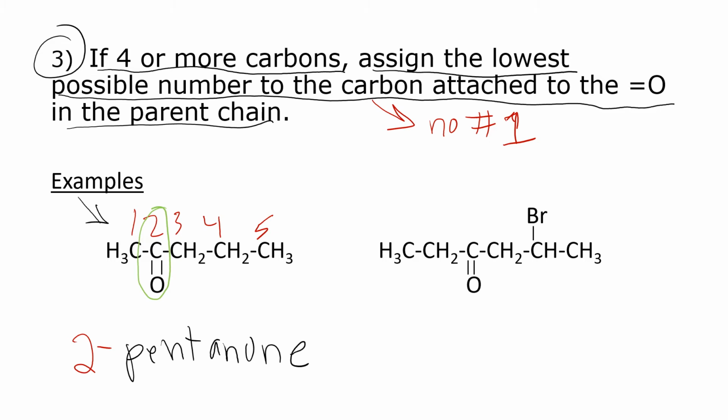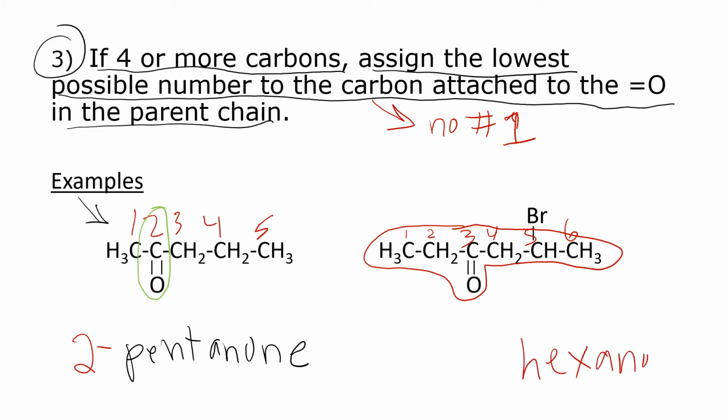The next example on the right, we look at our longest chain of carbons attached to the double bond oxygen, and we can count. In this case, we have 1, 2, 3, 4, 5, 6. So our parent is hex, unknown. And then we want to show the location of where that double bond is.